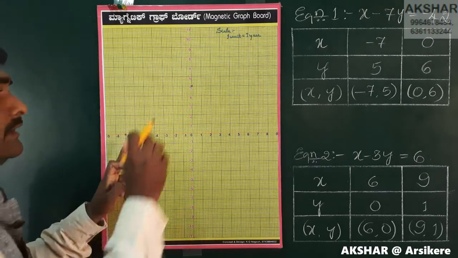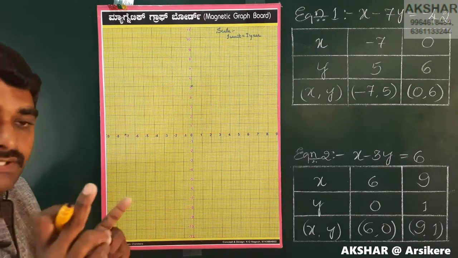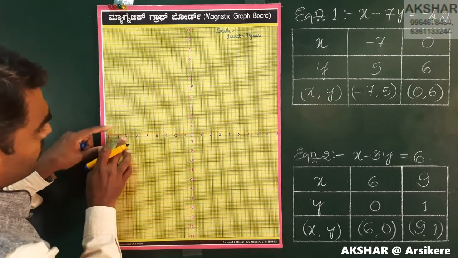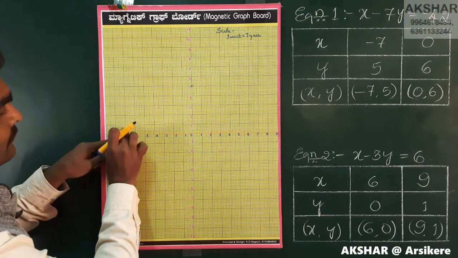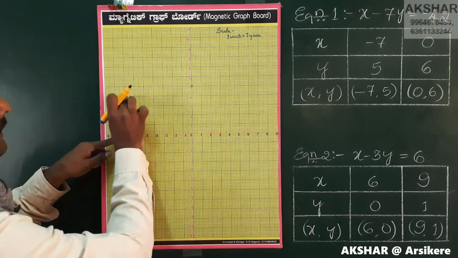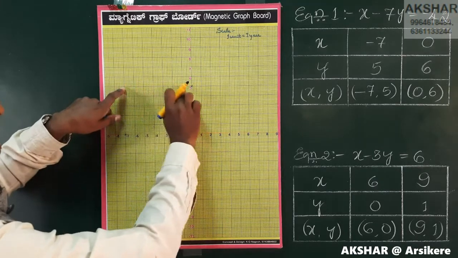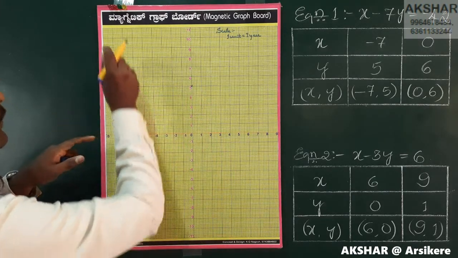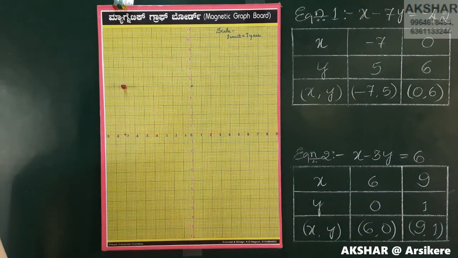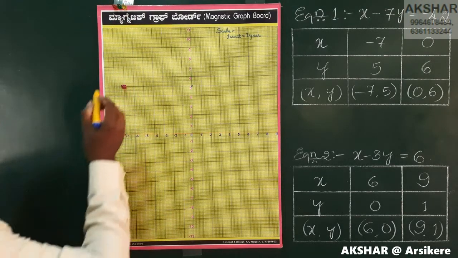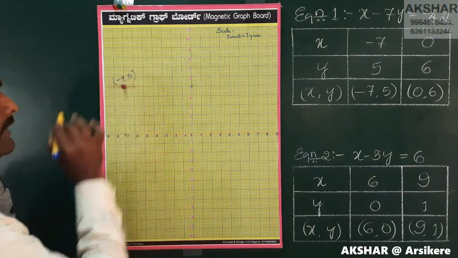My dear children, these two are not the points. Remember it. You just move on the line of -7. Just move upside where you will get the 5 direction. Yes, this is the point. This is the coordinate point -7, 5. Okay, I am writing here -7, 5.